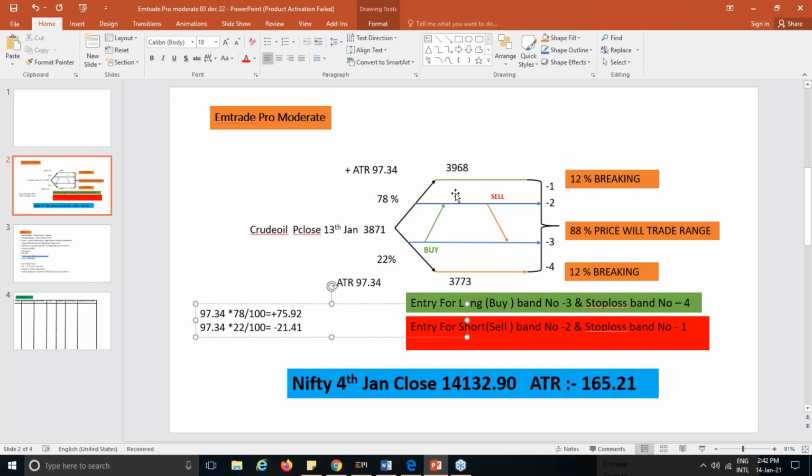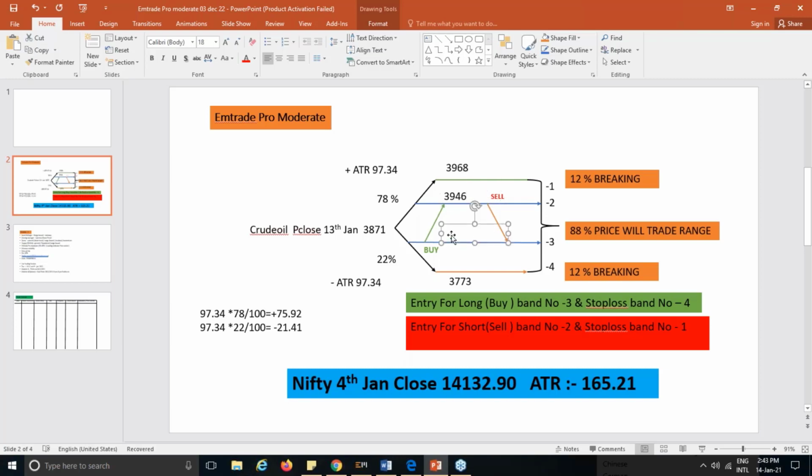Now I have to add and minus. First we add for the second level: 3,871 plus 75.92 is 3,946.